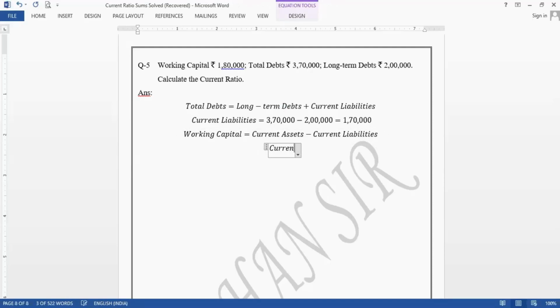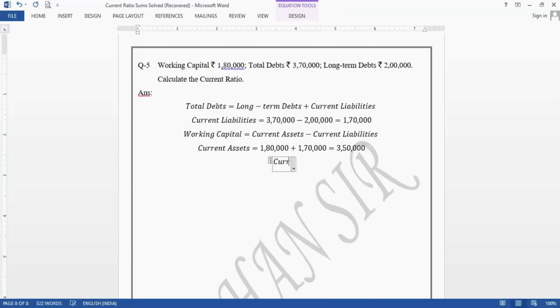So current assets will be equal to working capital plus current liabilities. The working capital is 1,80,000. Current liabilities is 1,70,000. So the total comes to 3,50,000. Now we have current assets and current liabilities.